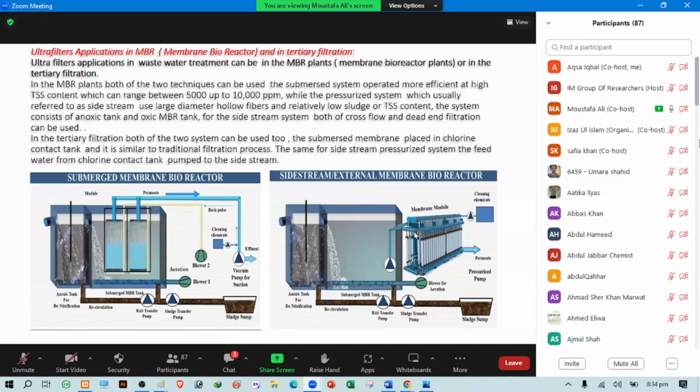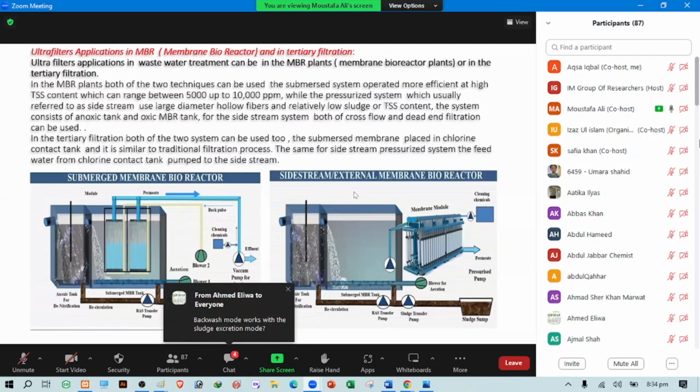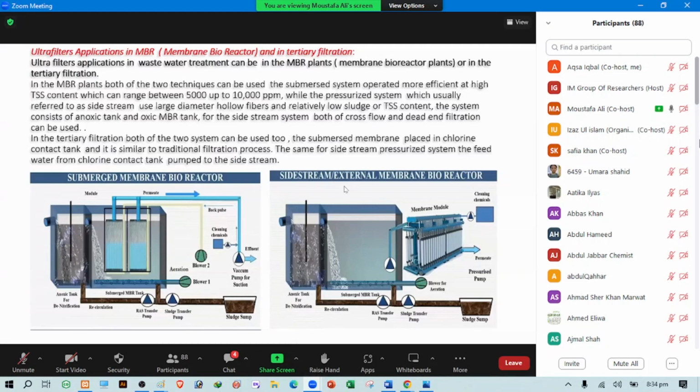If we check the ultrafilters or the hollow fiber itself, we can find it with big diameters, as we explained before yesterday, that it can have 5 millimeter, even 8 millimeter diameter, just to avoid blocking of these fibers.